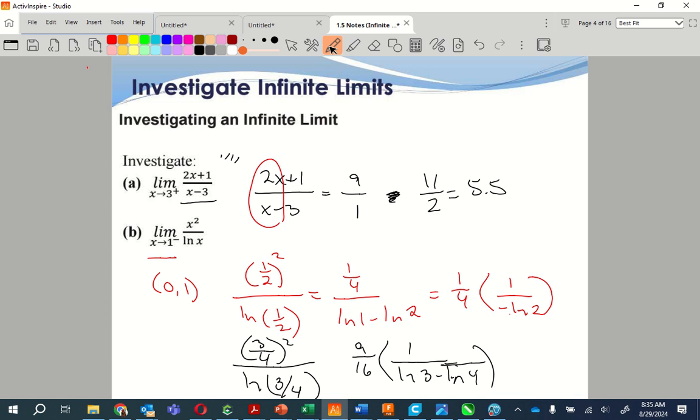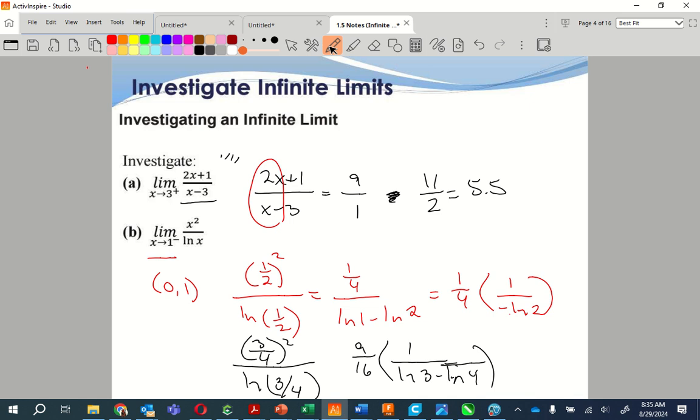Now, which one's bigger, ln 3 or ln 4? ln 4, right? ln 4 is going to be bigger, so that means that all of this is going to be multiplied by a small negative number, right? So right here, I'm looking at these two to compare. They're both going to be negative, aren't they?